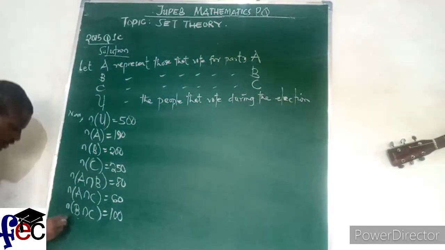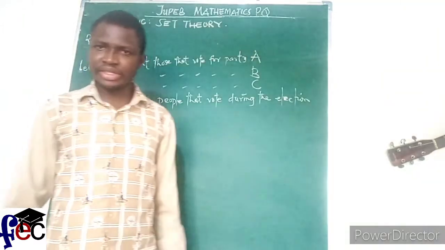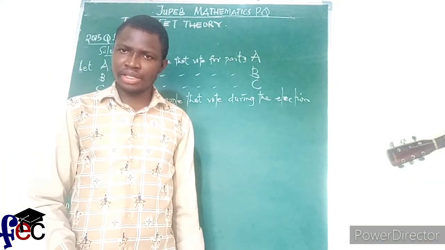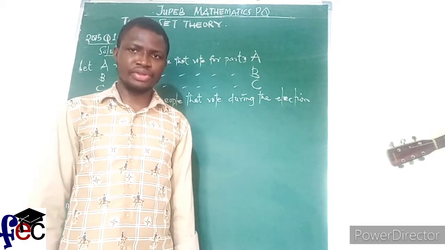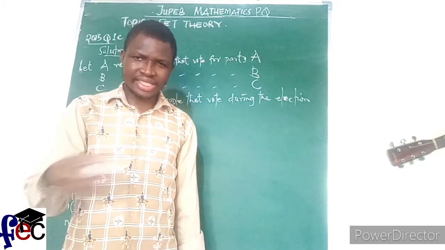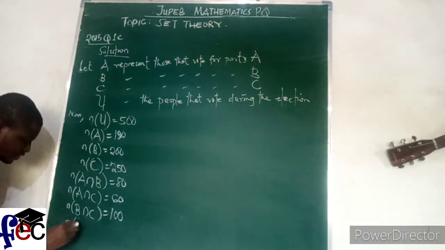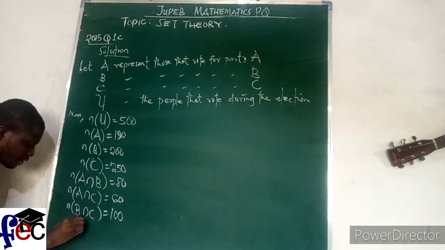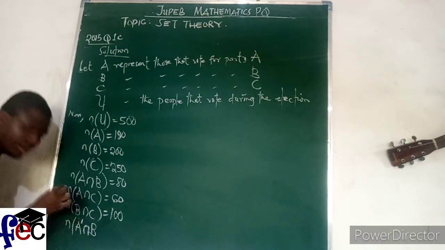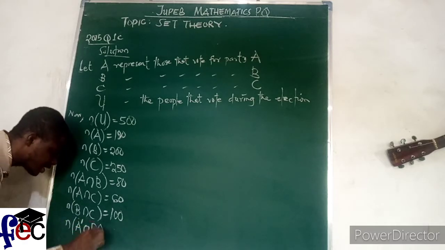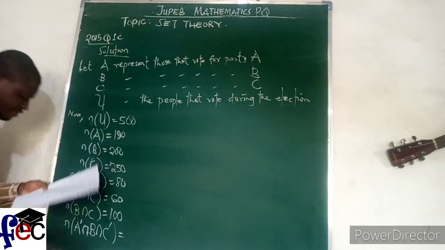How do we represent that? B alone means not A, not C, but only B. Are you getting it? So the set notation for that is A complement intersection B intersection C complement, which is equal to 40.